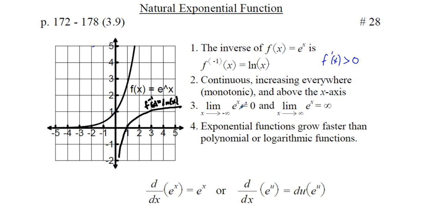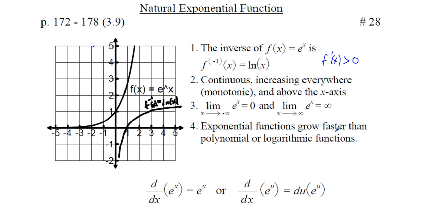Okay, the limit as x approaches negative infinity of e to the x equals 0, and that would be as we go to the left, and the limit as x approaches infinity of e to the x, as x is going to the right, is infinity.